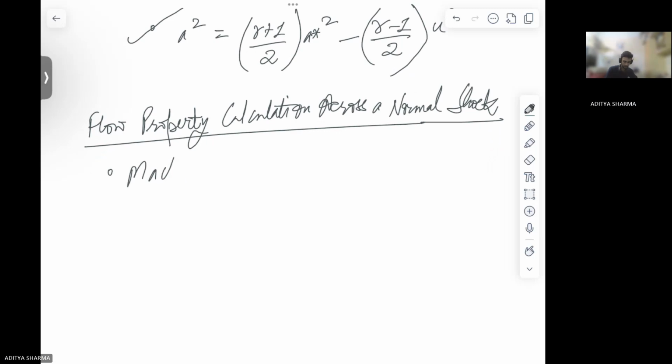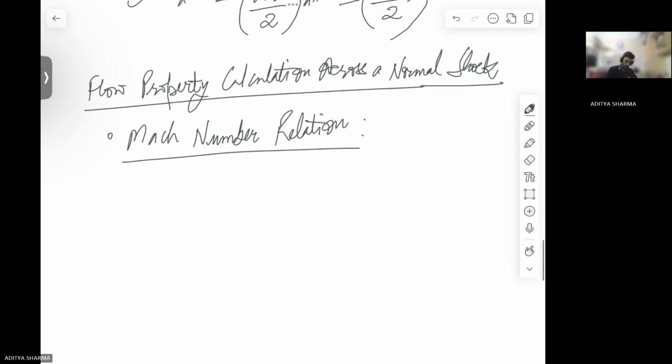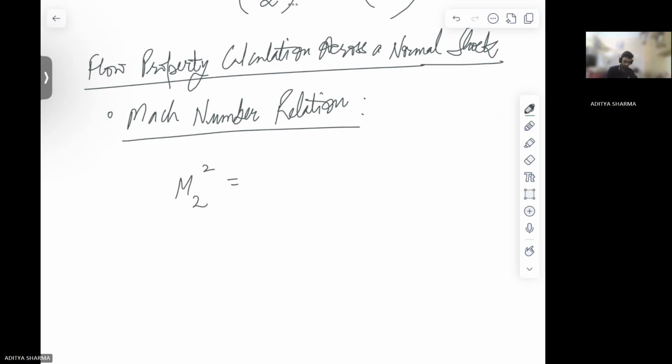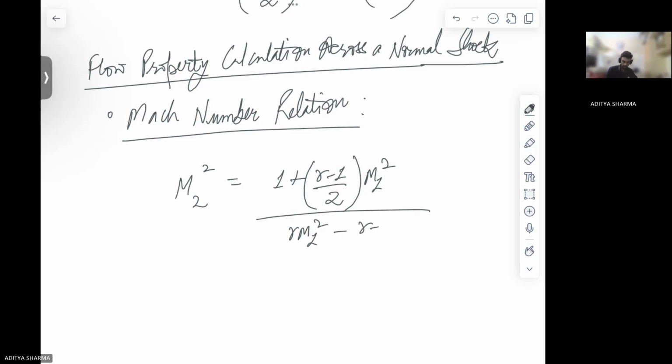So here, the Mach number relation. So across your normal shock, the Mach number decreases.